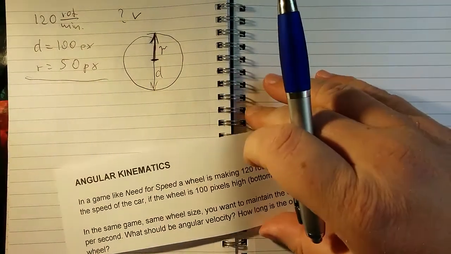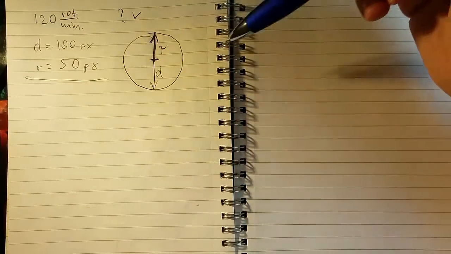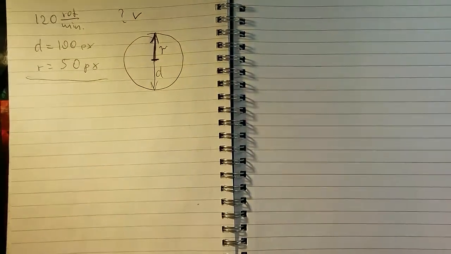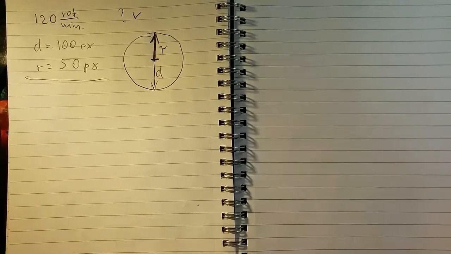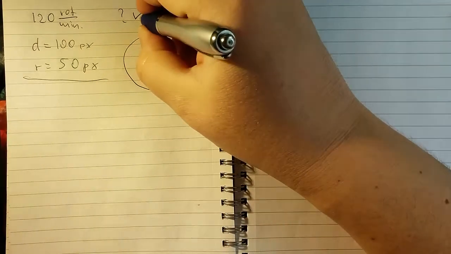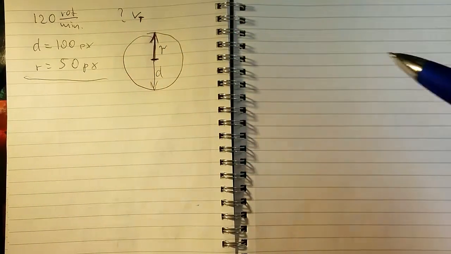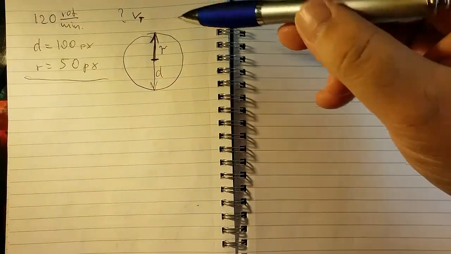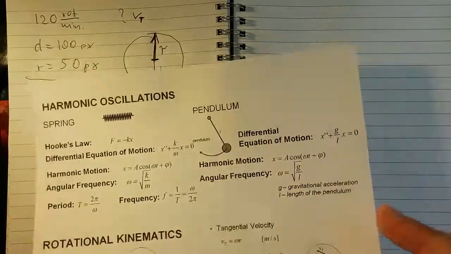So the question is about the velocity, linear velocity, which is also called, in angular physics, to differentiate between angular velocity and linear velocity, tangential velocity. Let's have a look at the formulas that we have.